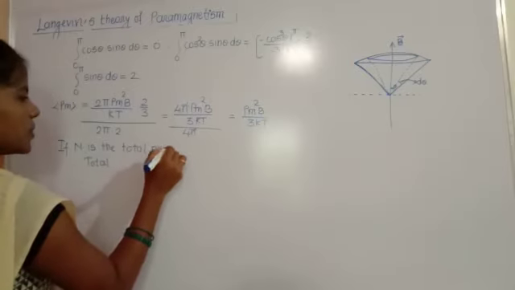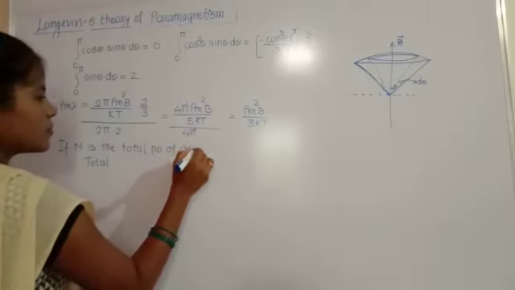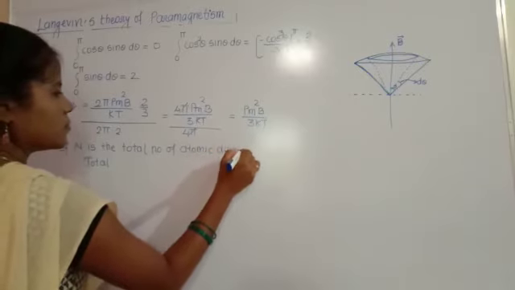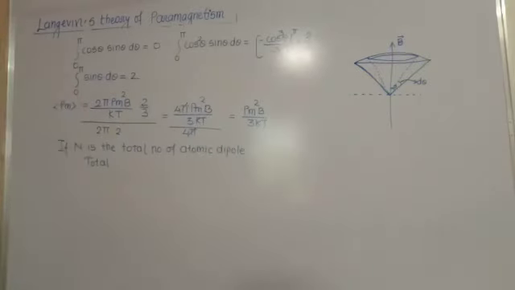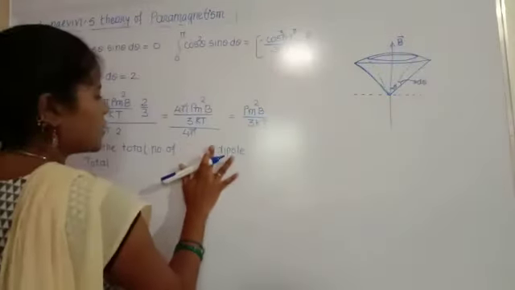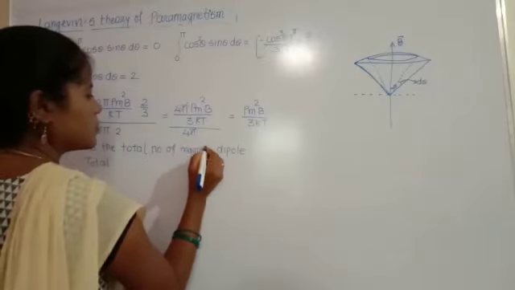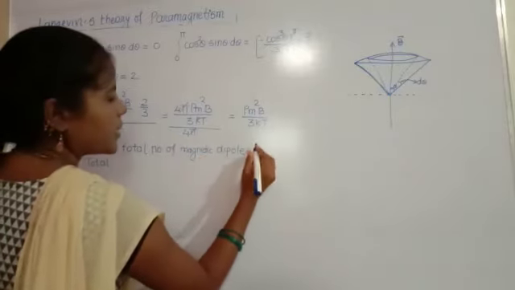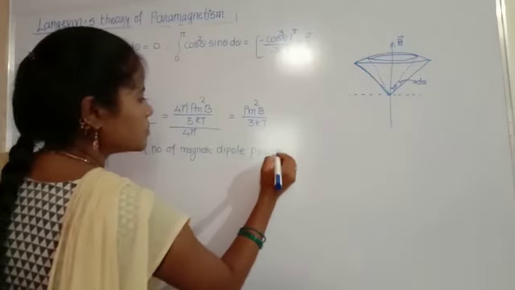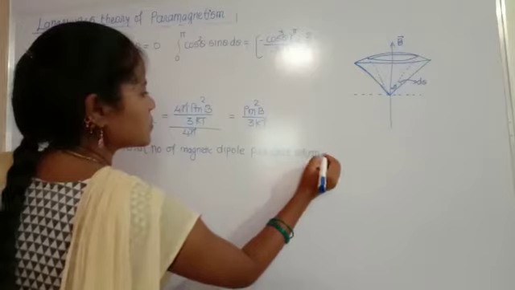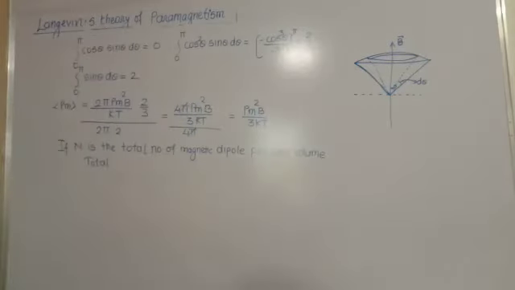Capital N is the total number of magnetic dipoles, not atomic, per unit volume.